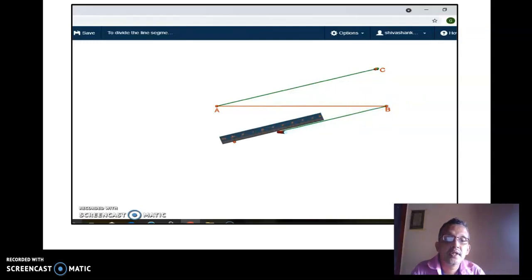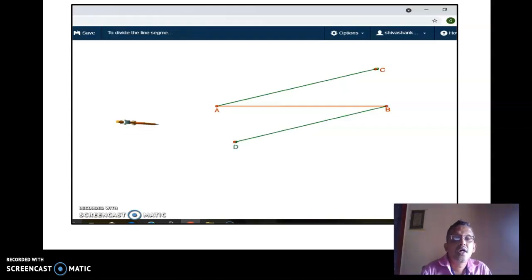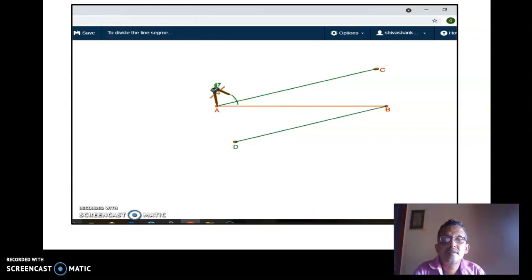Construct an angle at B. So now divide the given line segment AC into here 3:2 ratio. So therefore divide AC into 5 equal parts.